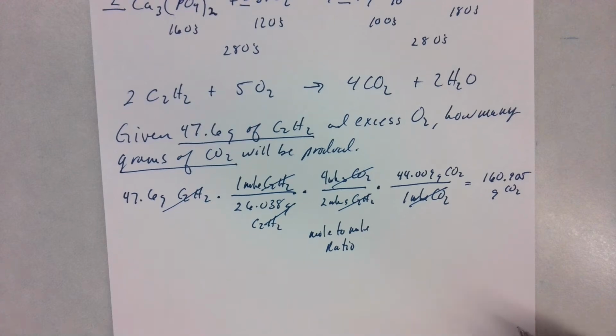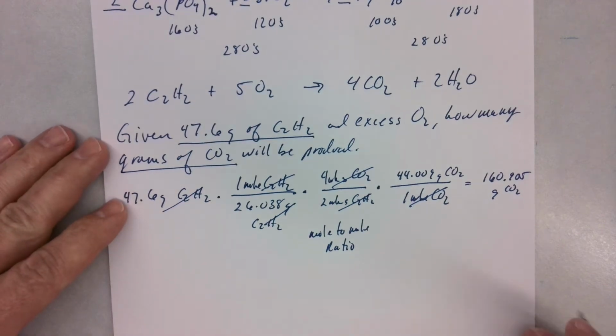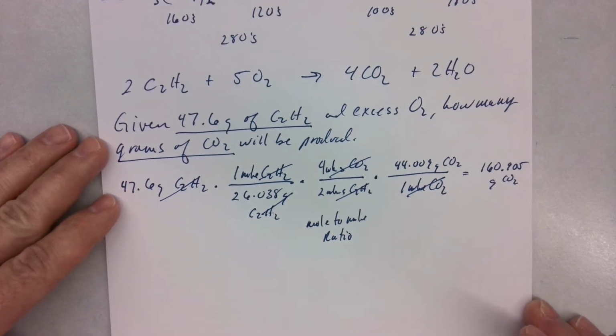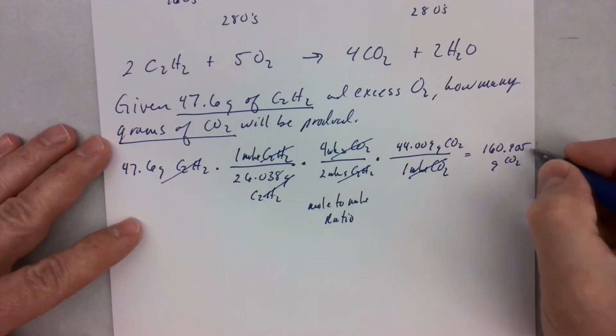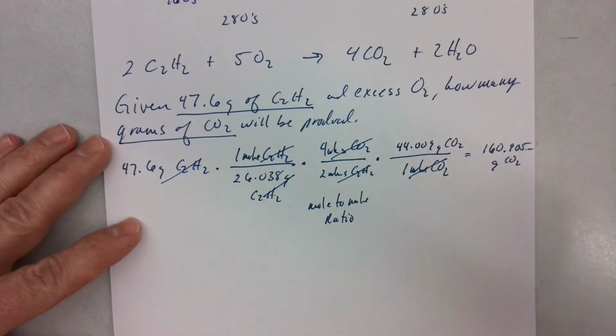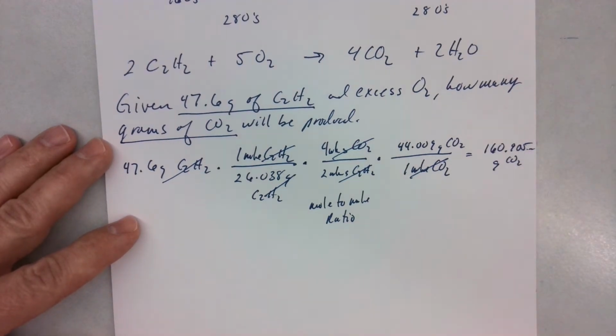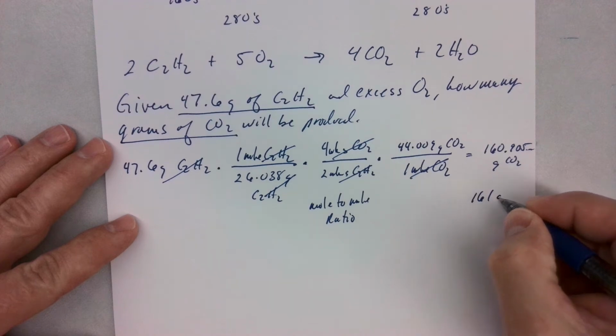Now, what's the answer going to be? That wasn't the whole number. Oh, that wasn't the whole number? Yeah, 905.4766. Whatever. Okay. What's the answer? 161. 161 grams of CO2.